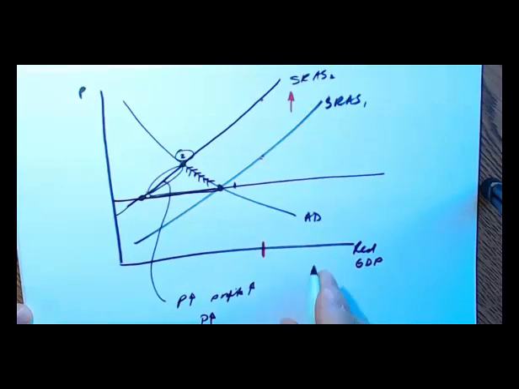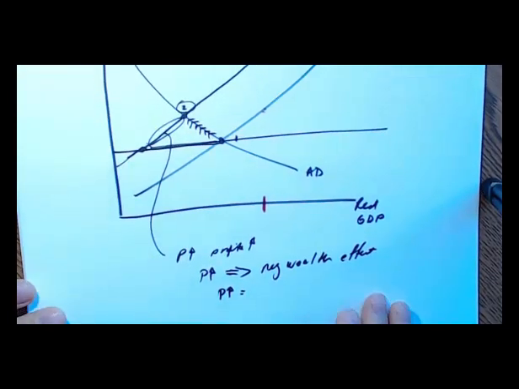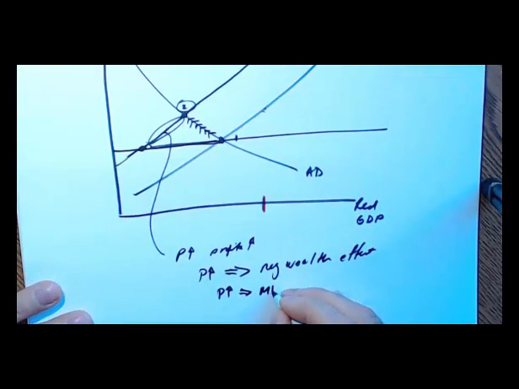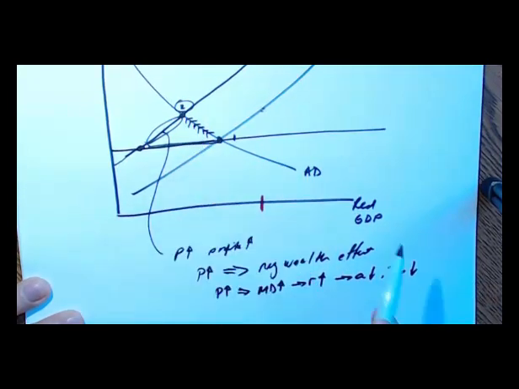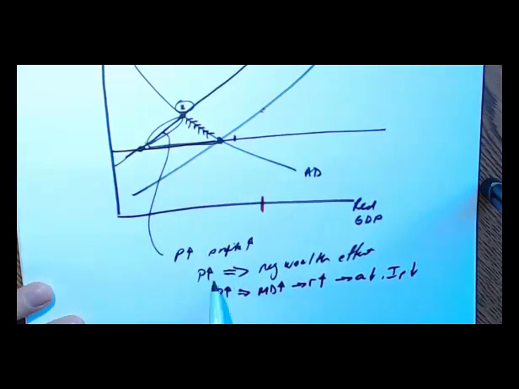Prices are going up from a demand point of view because there's a negative wealth effect, and also when prices go up, that implies money demand is going up, which means interest rates are going to go up, which means autonomous consumption is going to go down, planned investment goes down, and then we're moving up the aggregate demand curve because of price changes. Okay, so that's an oil shock.